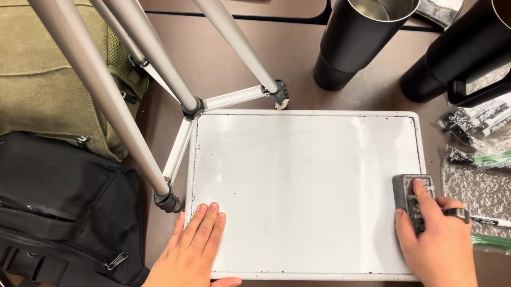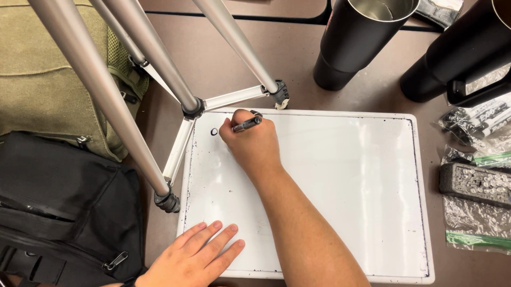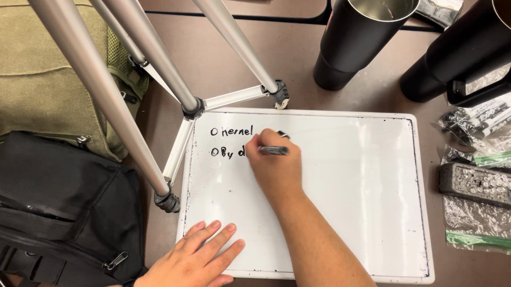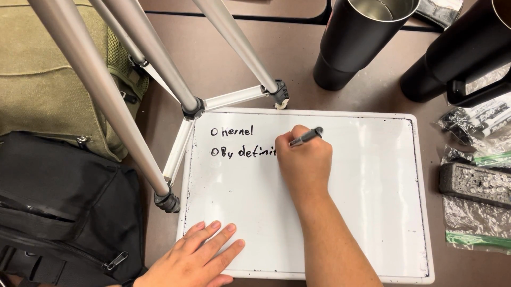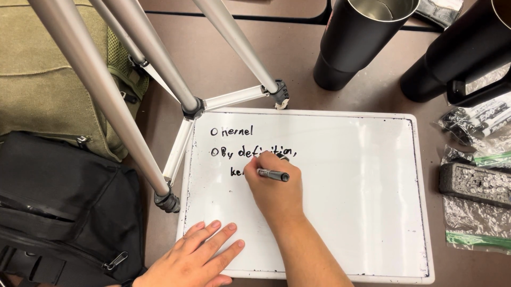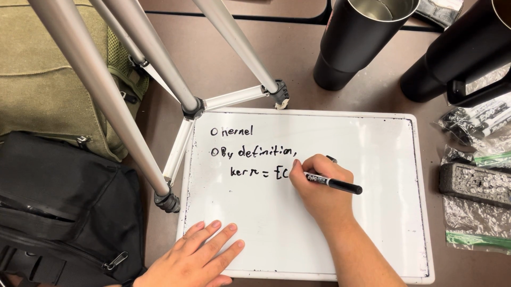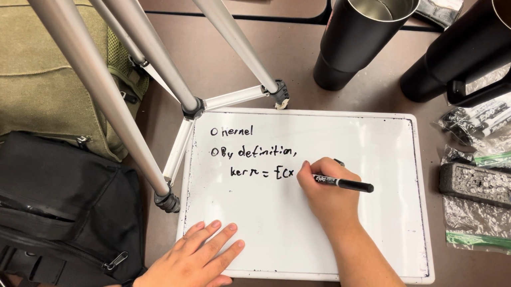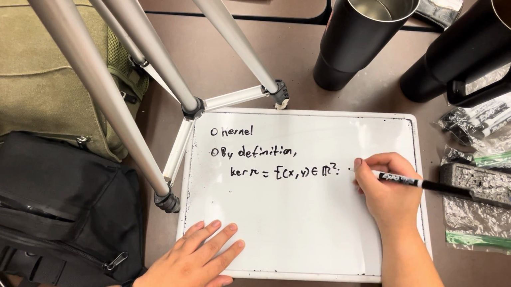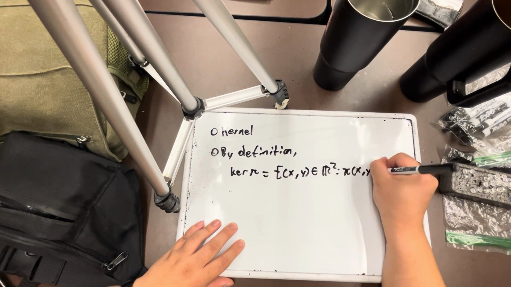All right, so for the kernel, by definition, the kernel of pi is equal to the set containing coordinates (x, y) within the reals with degree 2 such that pi of (x, y) is equal to 0.